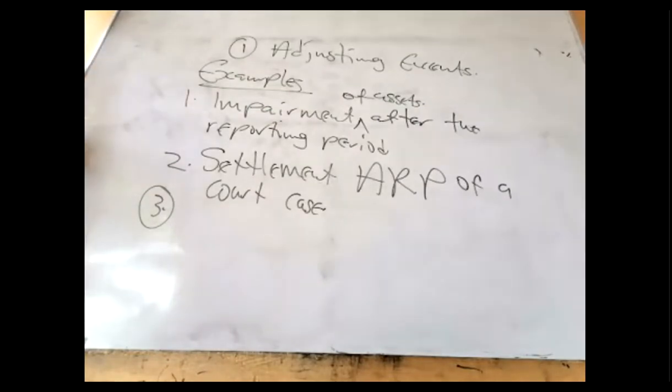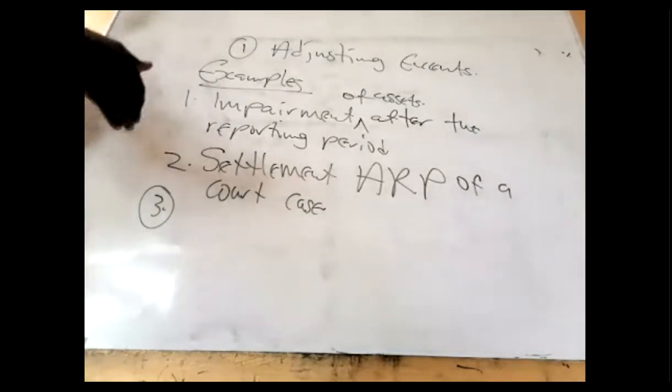So the transaction took place before the year end. We bought the goods, we made the payment, we received the money before the year end. Just that, at the time we're preparing the financial statement, there's no proof, no source document, no evidence. And if we don't have evidence, we are not going to record it in the financial statement.